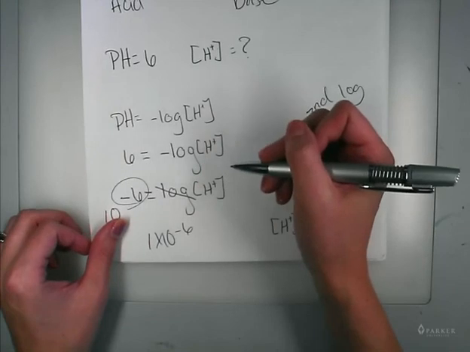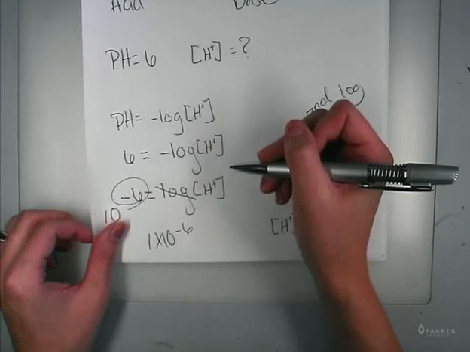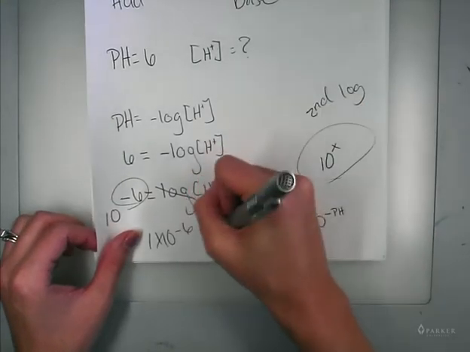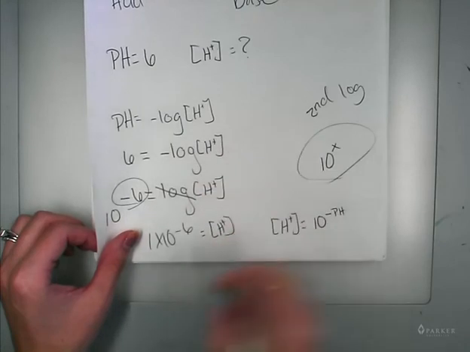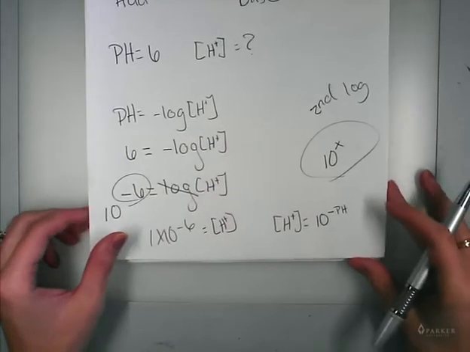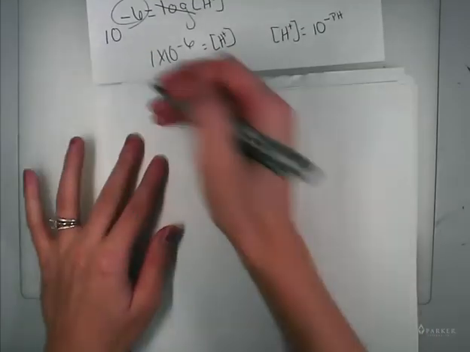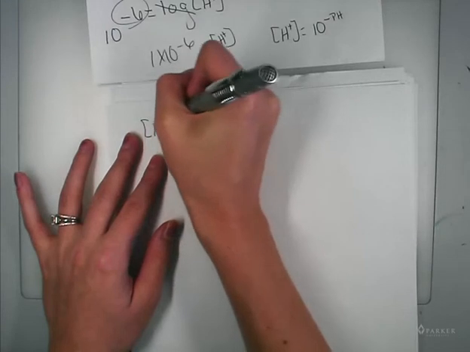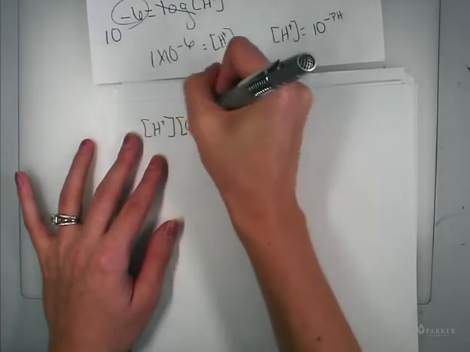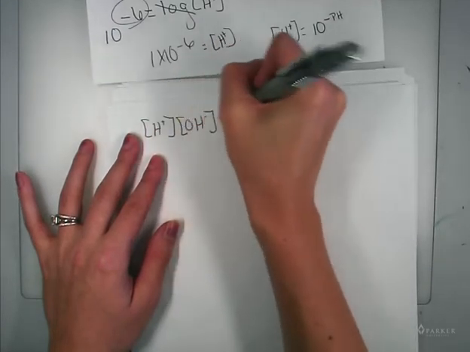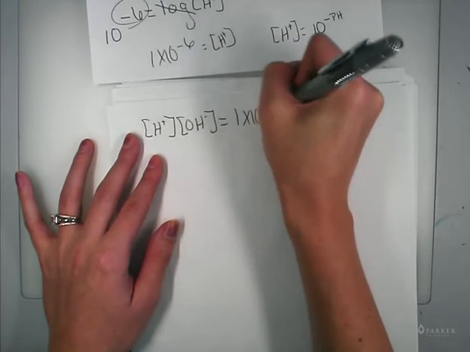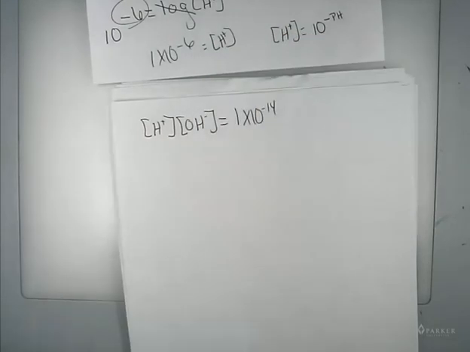H plus stands for acid, so the concentration of acid is 1 times 10 to the negative 6. So let's try to find the concentration of the base, which is hydroxide. That formula is H plus times hydroxide equals 1 times 10 to the negative 14.